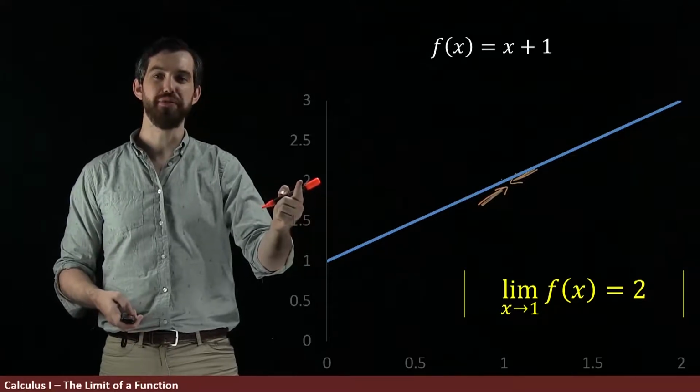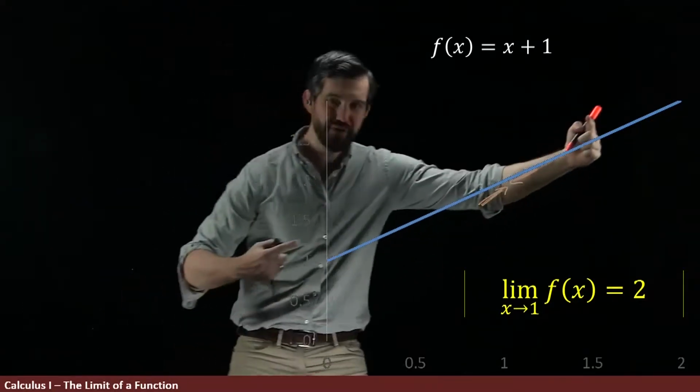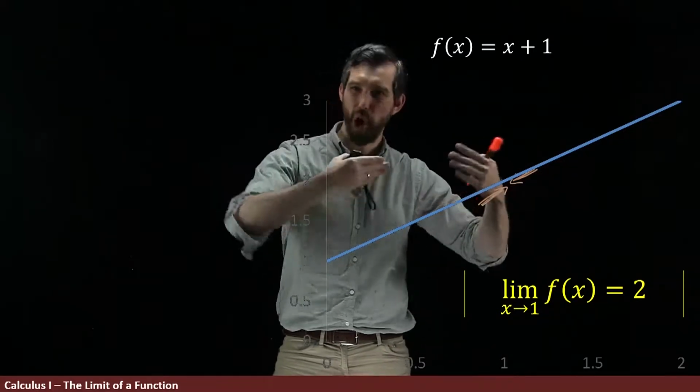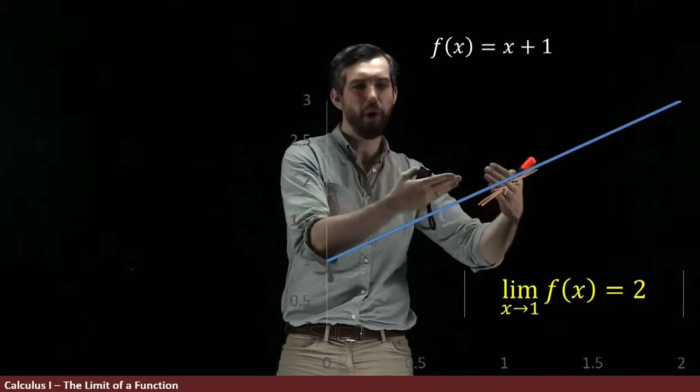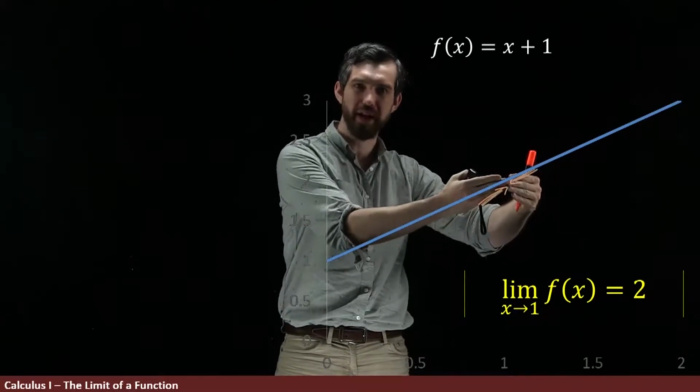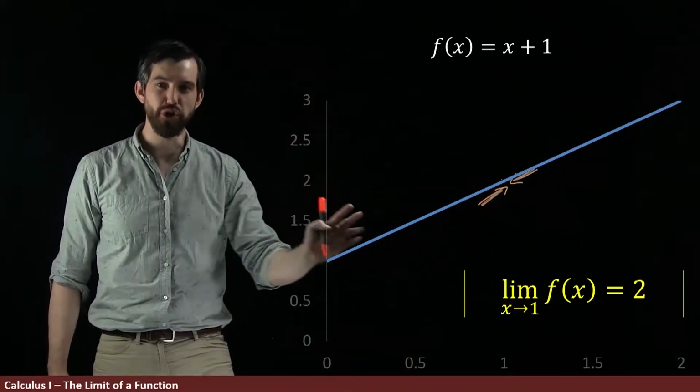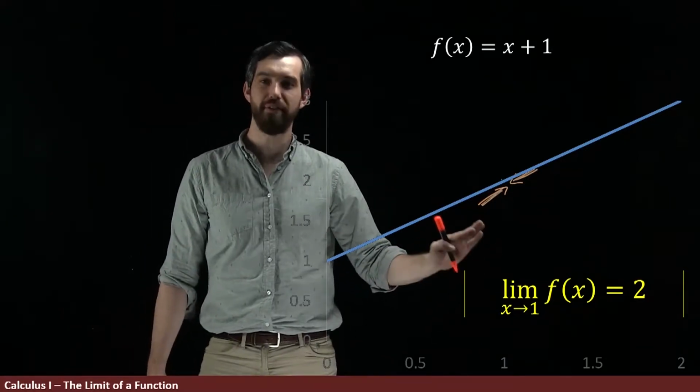It's this value of 2. So as I get closer and closer to my point, maybe 0.01 from it, 0.001, 0.0001, the height of the function is getting closer to this value of 2.